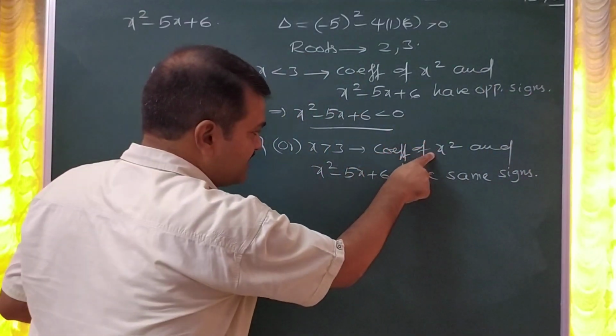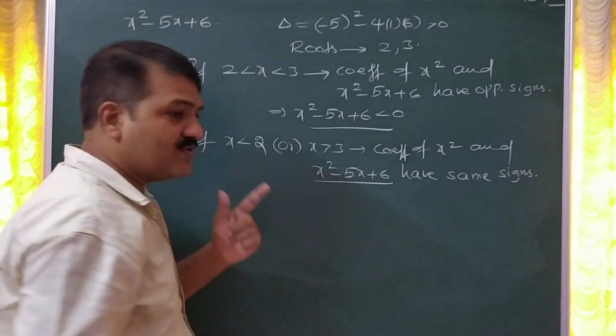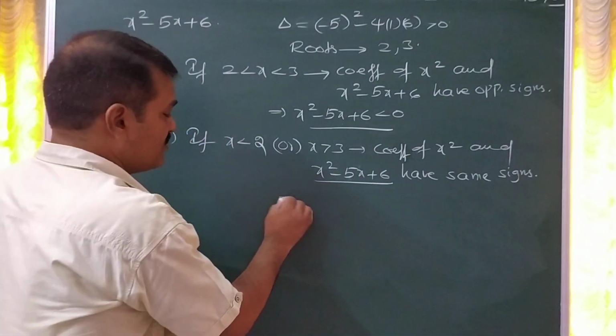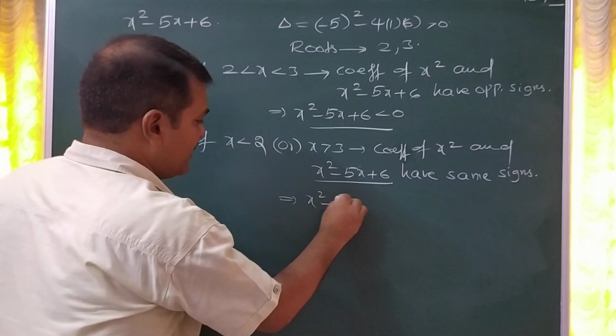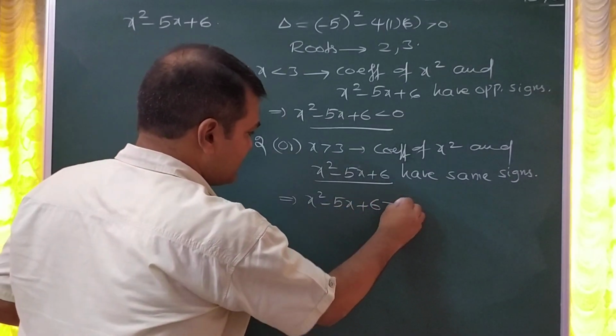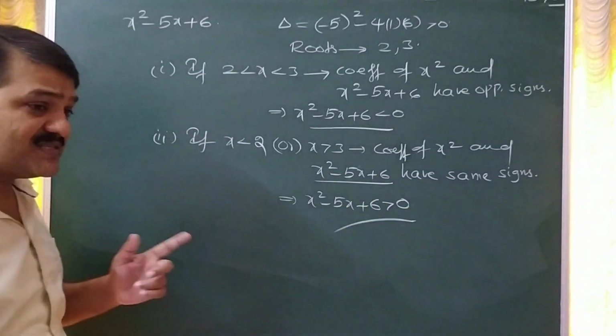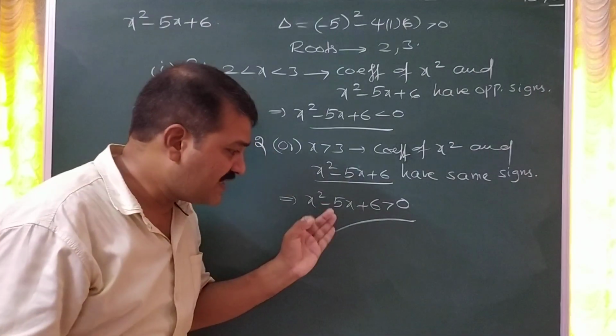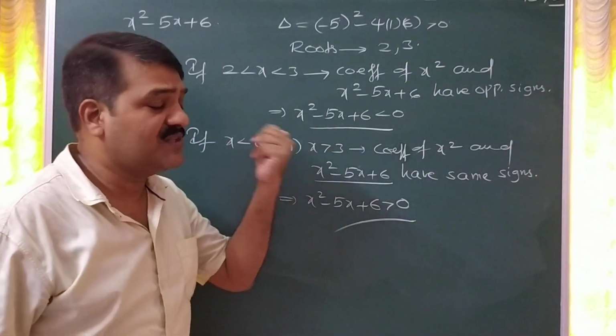The coefficient of x square is positive, so the expression also must be positive. So this implies x square minus 5x plus 6 is greater than 0, or positive, for any x value which is less than 2 or more than 3.